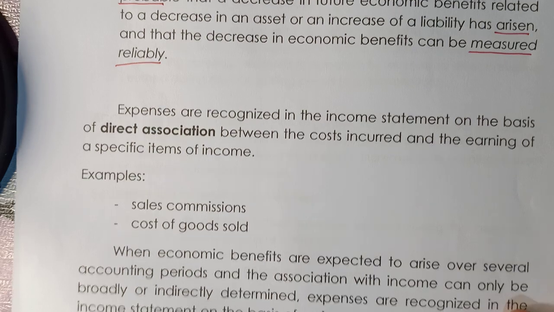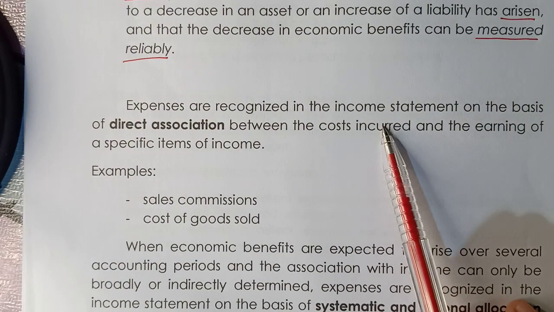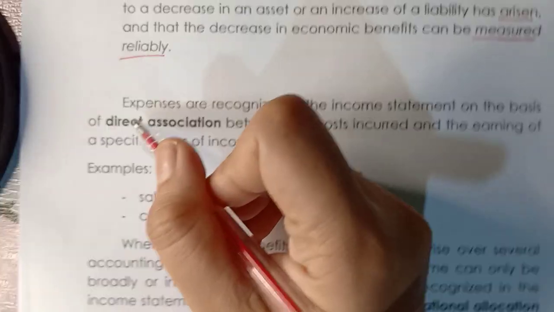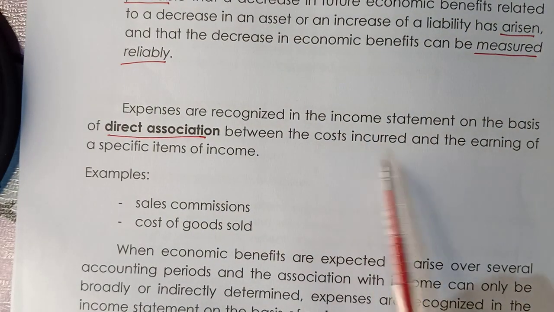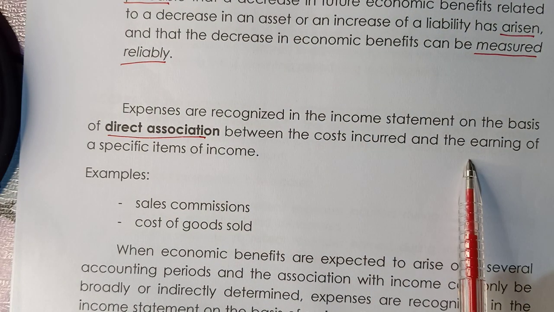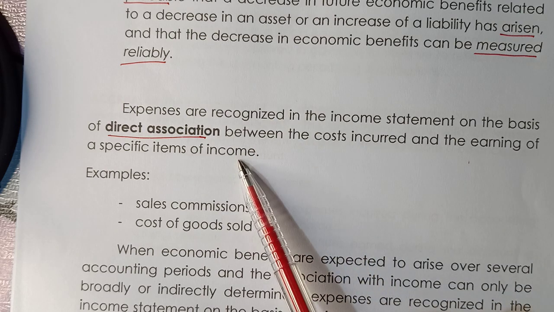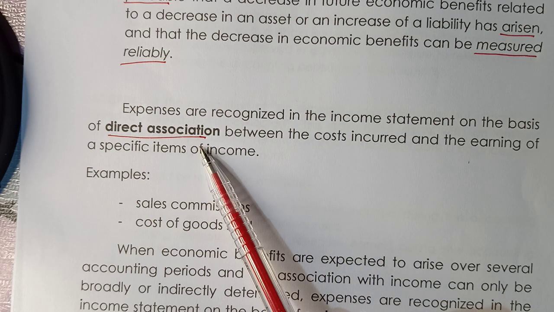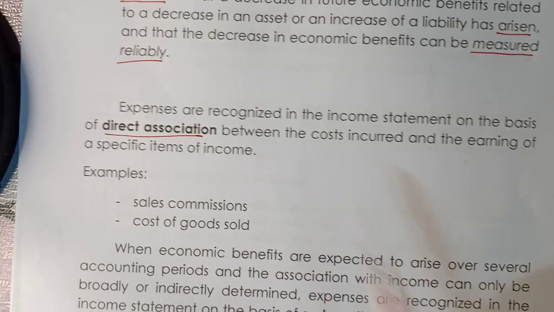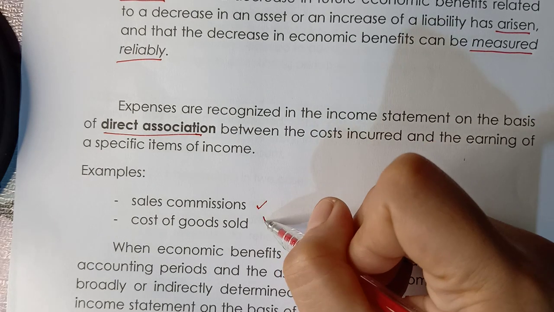So here, expenses are recognized in the income statement on the basis of direct association between what? Between the cost incurred and the earning of the specific income. Examples of these expenses on the basis of direct association are the sales commission and the cost of goods sold.